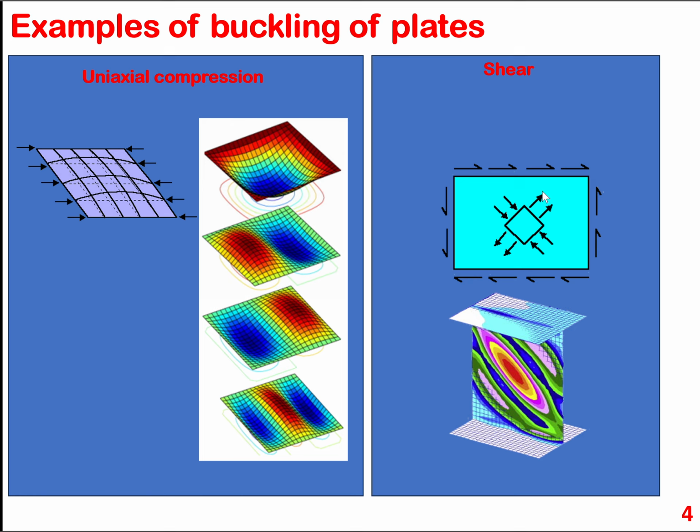Shear applied to an example of a stiffener, as you can see, it looks like an I-beam, can cause plate buckling in this direction. You can see the deflection intensity here. So the buckling direction changes when you apply shear, but the buckling happens nonetheless.